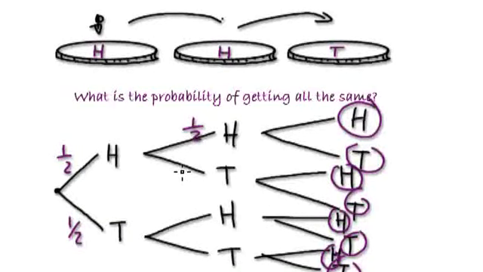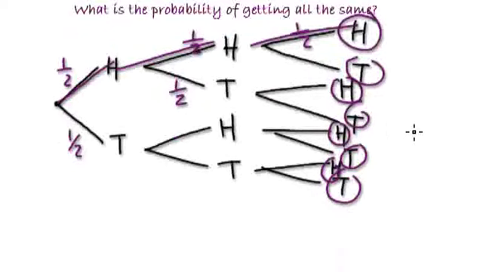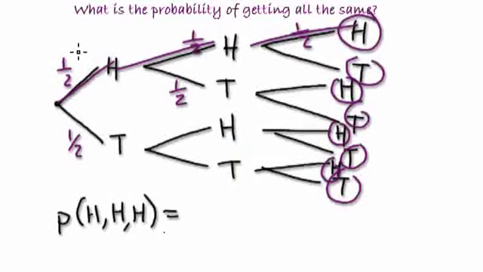Well, this is quite a simple example. So all these are halves. Okay. But the branch that we were interested in would be a head, and a head here. So the probability of getting a head here would be this, and this.